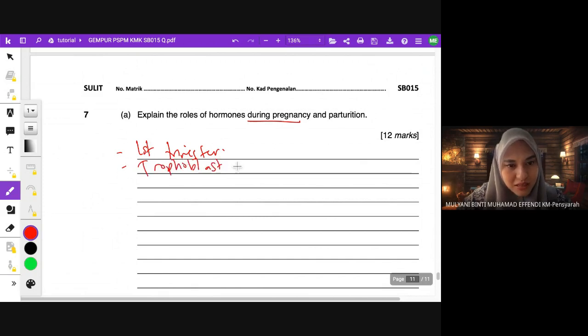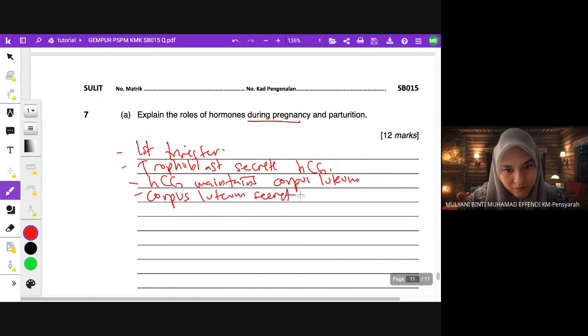trophoblast secrete HCG. Okay. Lepas tu HCG maintains corpus luteum. Okay. Lepas tu corpus luteum secrete estrogen and progesterone.